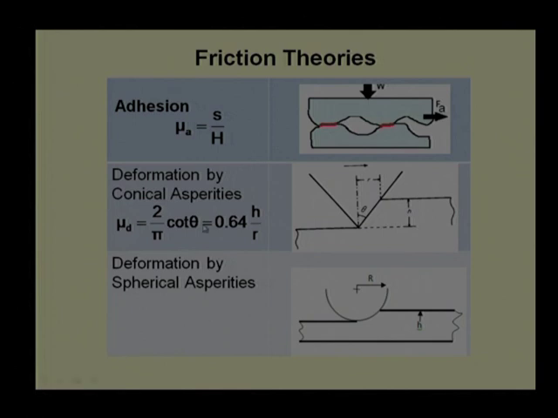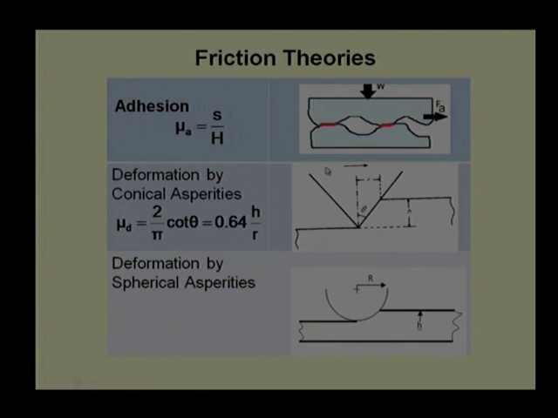If I simplify, 2 divided by pi is equal to 0.06366 or nearby 0.64, and expressed in terms of depth of penetration and radius of the cone at the interface, I will get a relation something like 0.64 into h divided by r.